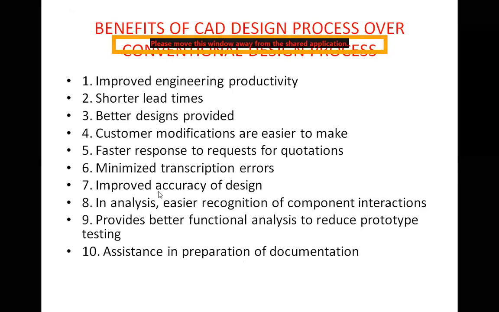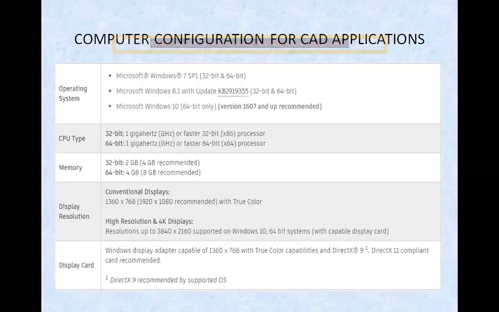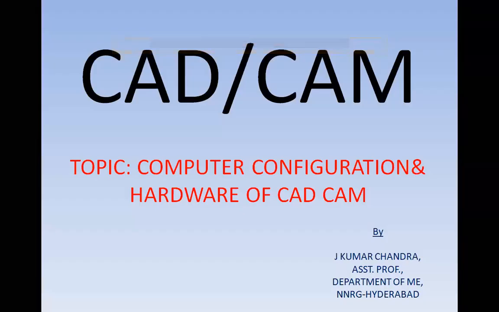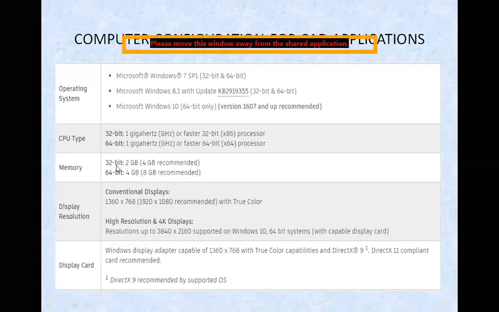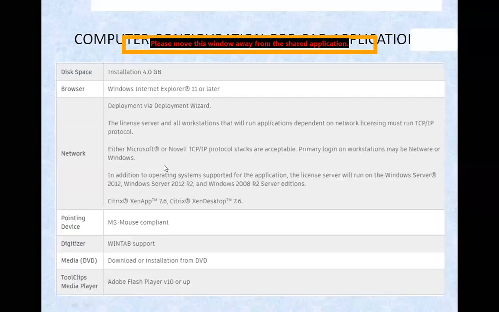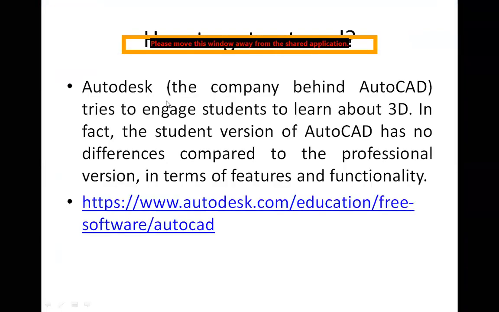So this is all about today's class. Let me summarize. Today in this class we dealt with the computer configuration required to run AutoCAD software, the operating system and so on. I said that the Autodesk company provides the AutoCAD software, which is free for students.